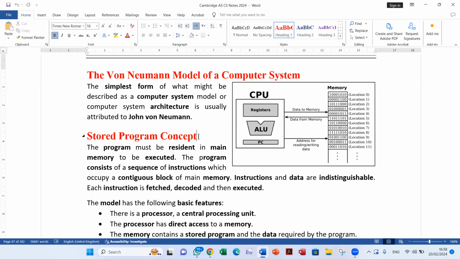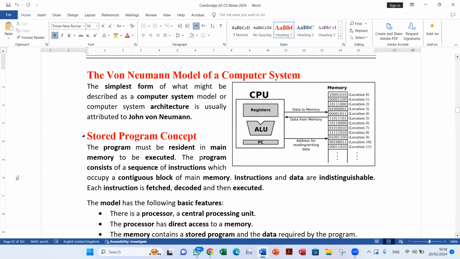A program is initially stored on the hard disk. When you want to run a program, it loads first into the main memory, RAM.